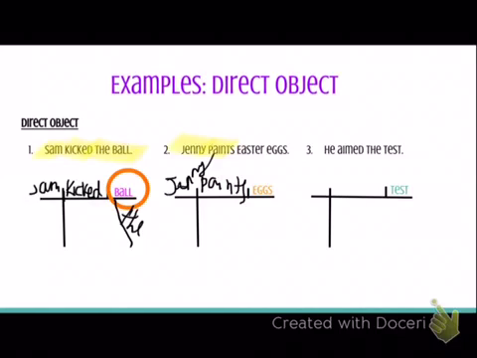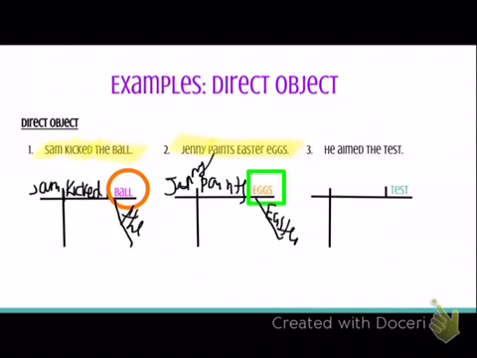The Easter eggs. So eggs is the main direct object, and then we create a line beneath it, writing Easter, because Easter is describing what kind of eggs.